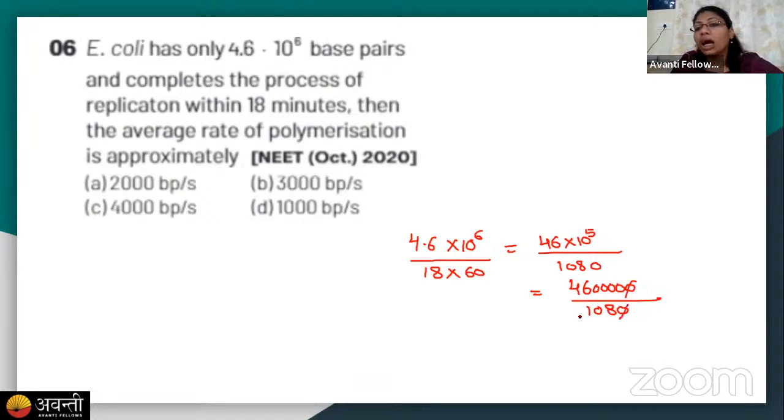When we find the answer, it comes to approximately 4000 base pairs per second. After division, we reach the result that the average rate of polymerization is 4000 base pair per second instead of 3000. Okay, if you want to calculate, you can divide this, right? So the answer for this question is C, that is 4000 base pair per second.